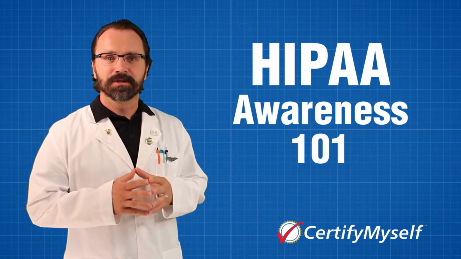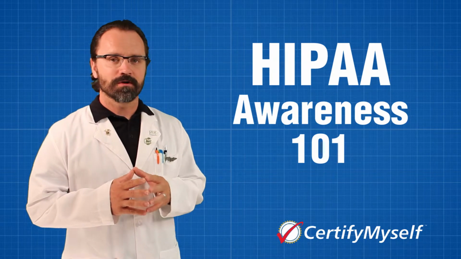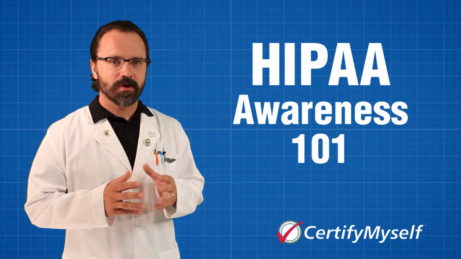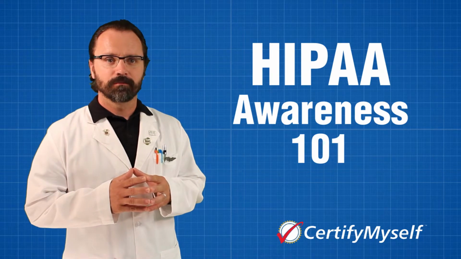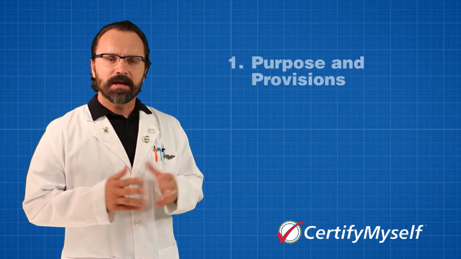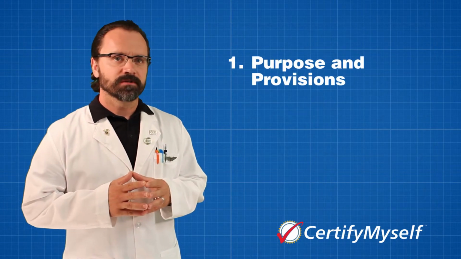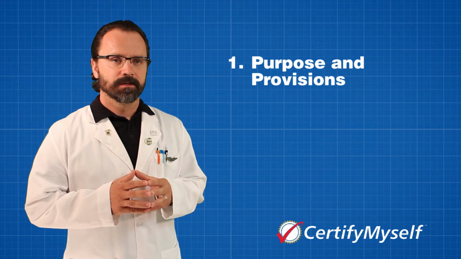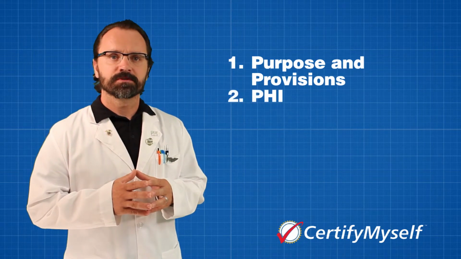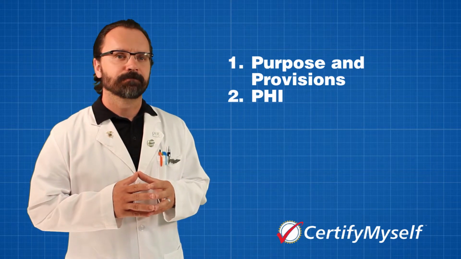It has been determined by either you or your employer of your need for HIPAA awareness training. After this HIPAA Awareness 101 module, you should be able to understand the purpose and provisions of the Health Insurance Portability and Accountability Act. You'll be able to define the terms privacy and PHI.